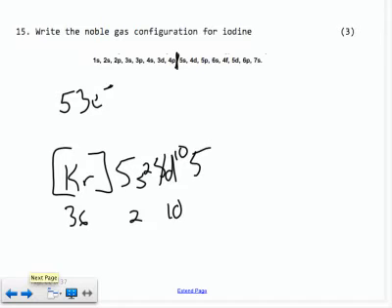And then 5p. So we've done 5s, 4d, 5p is next. And I'm at 48. I only need 5 more to get to 53. So it's 5p5. So that equals 53 electrons. Krypton, 5s2, 4d10, 5p5.